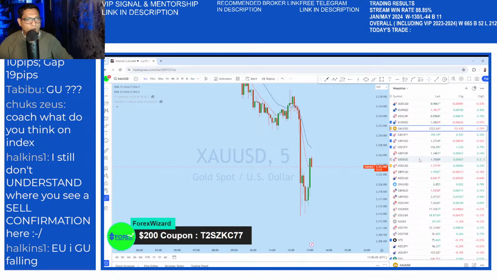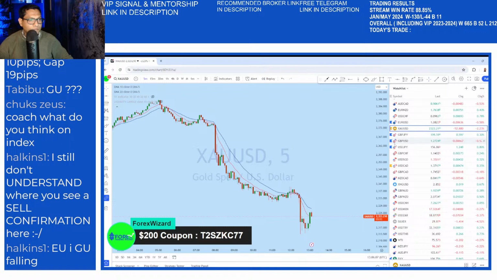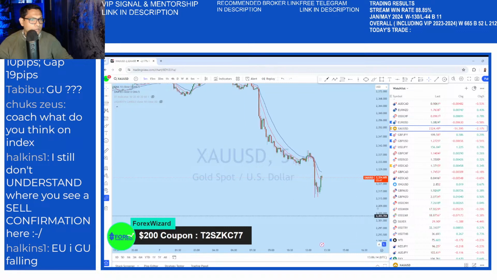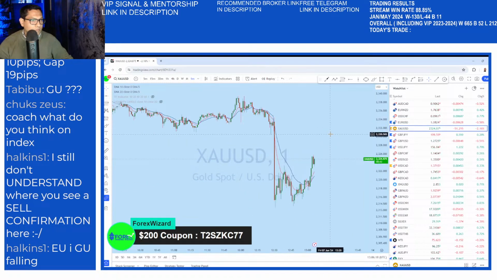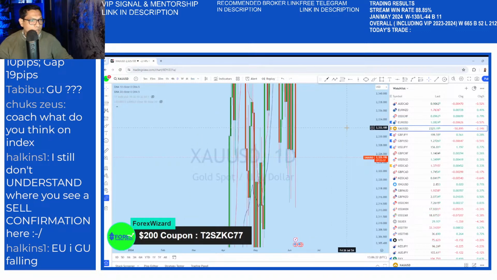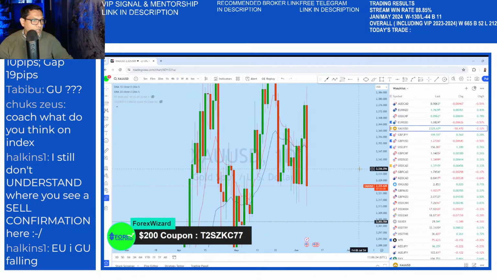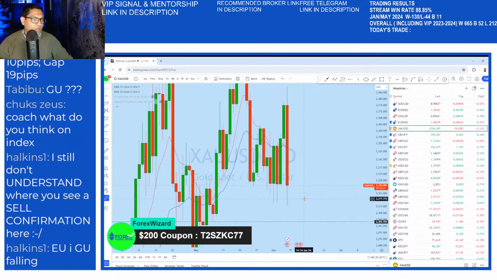Like to see how it is happening. Today's candle, if we look at the daily move so far, a huge drop.